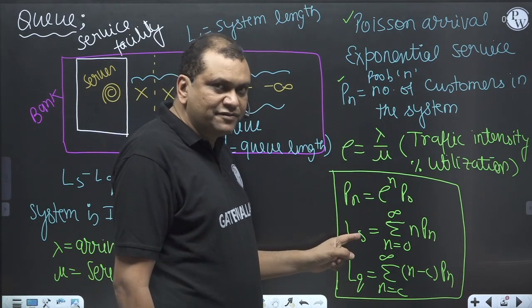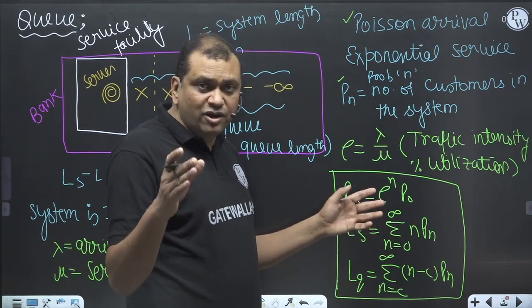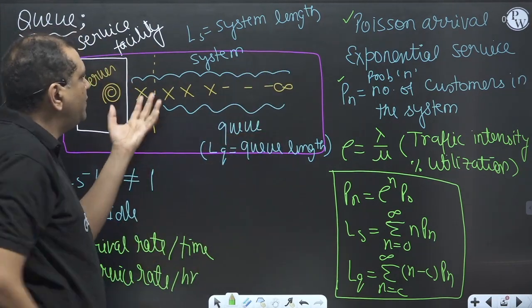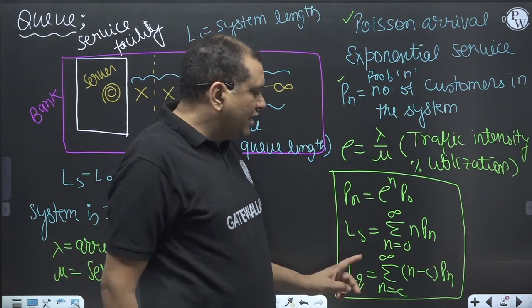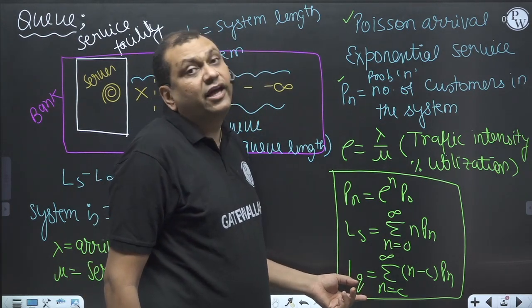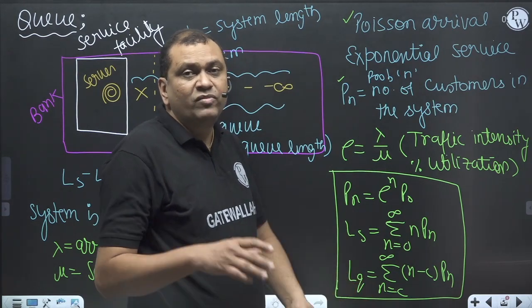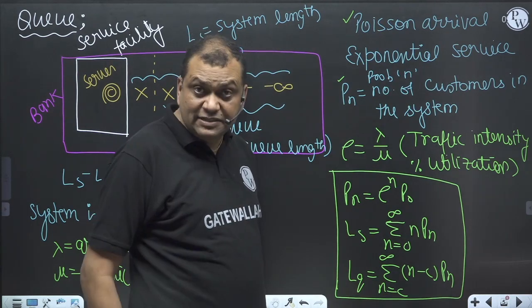Ls, length of system: what is the length of system? The average number of people in the facility. And Lq is the average length of Q that will form from time to time before any service facility.